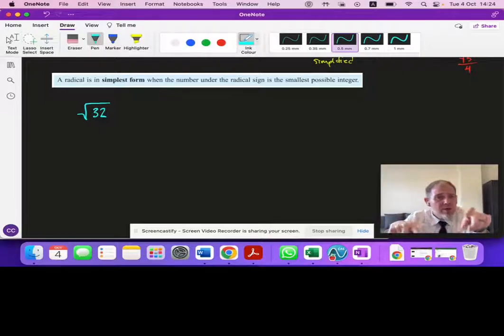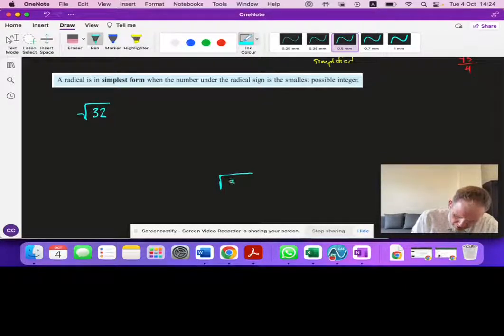So what we need to be able to do is figure out what I can divide out of there, what we can bring out. So what I'm going to do is factor this. I'm going to use a prime factorization method like we've definitely done in the past, where I take 32 and divide it by prime factors.